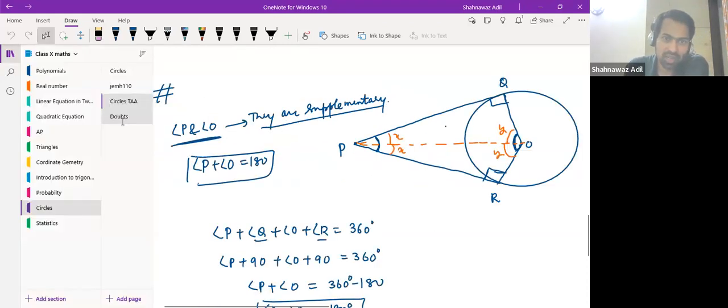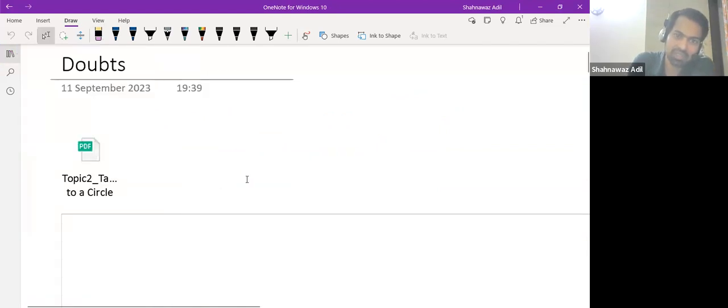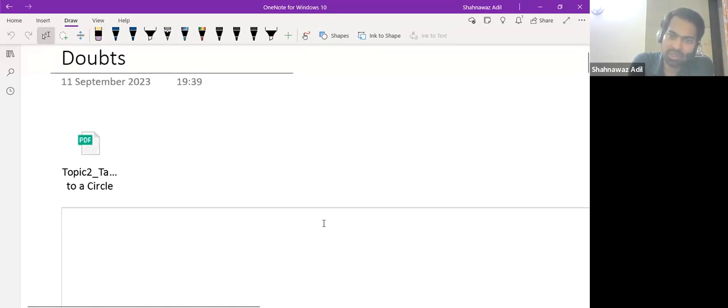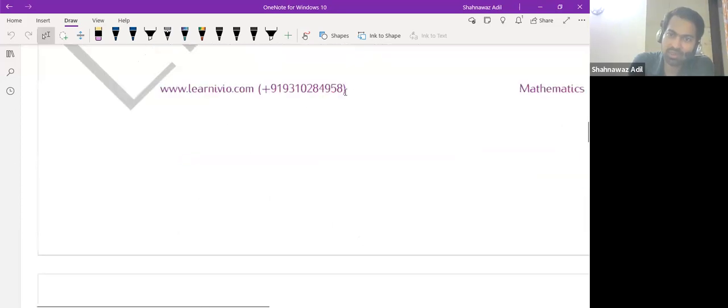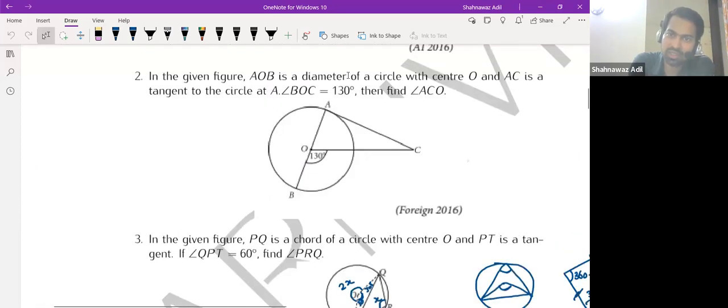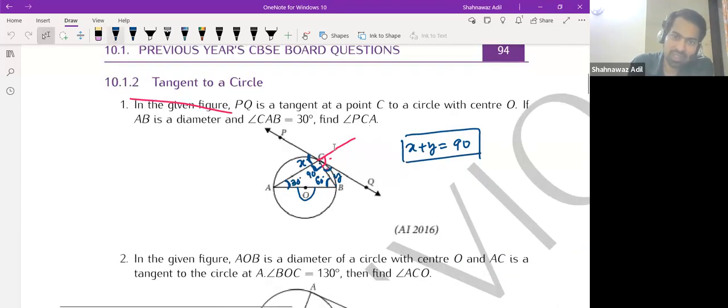So there was this doubt that we skipped, question number 1, right? We reached this point and I stopped at this. So after that there is only one thing that we needed to do.